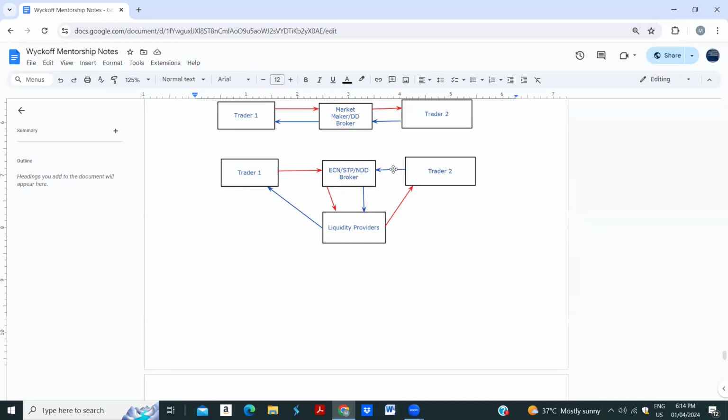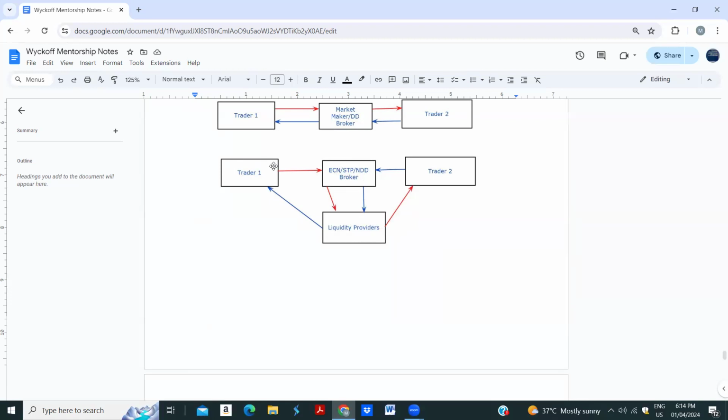Trader 2 places a buy or sell trade, and this trade is processed by the ECN, STP or no dealing desk broker. This trade is then passed on to the liquidity provider, who trades against trader 2 and then passes on the trade to trader 1. So this cycle continues. So this is a very transparent model.